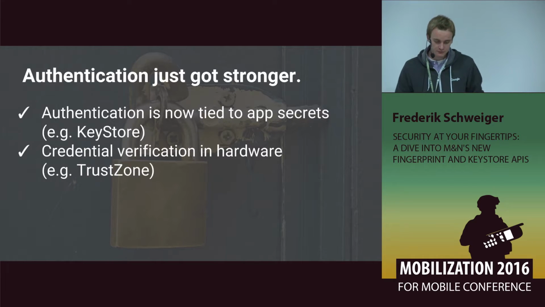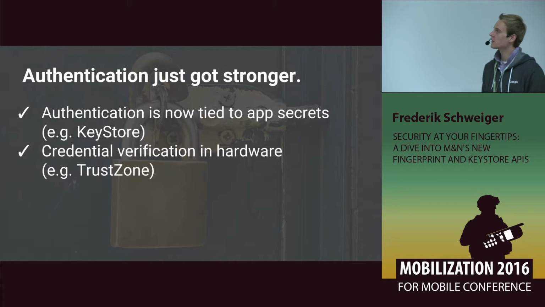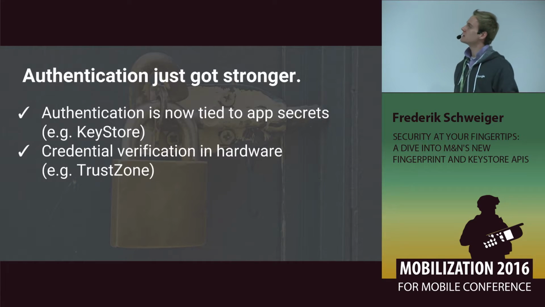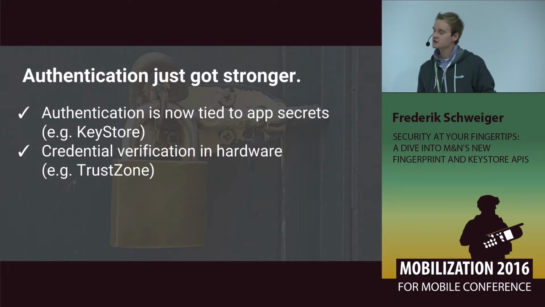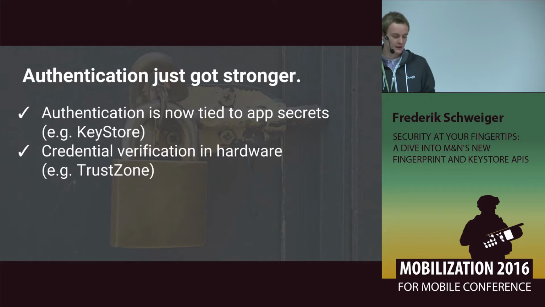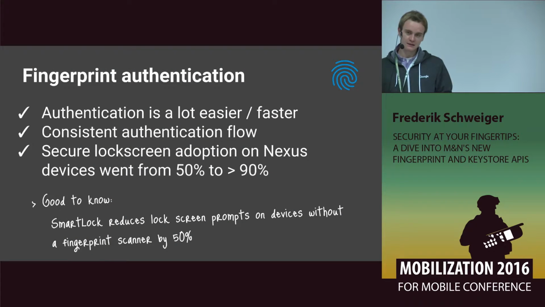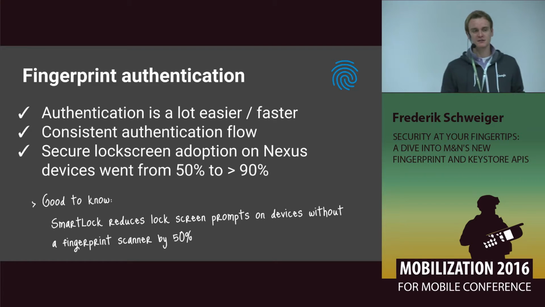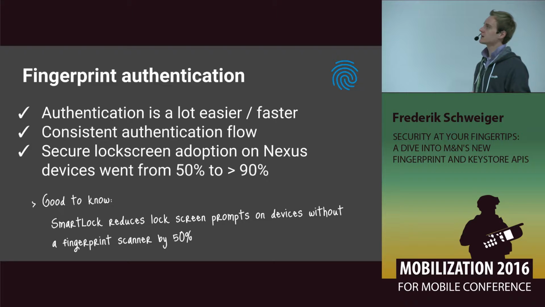So yeah, authentication just gets stronger, because authentication is now tied to the app secrets in the Keystore. The credential verification is in the hardware, powered by the TrustZone. And fingerprint authentication is much more comfortable for the user, easier, faster, and has a consistent authentication flow when the user opens your app and just sees a dialog.